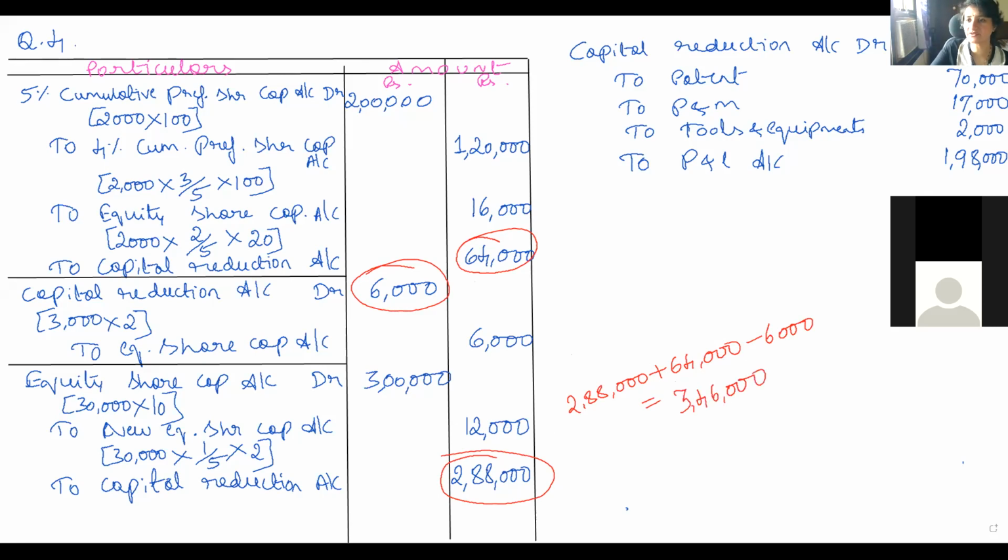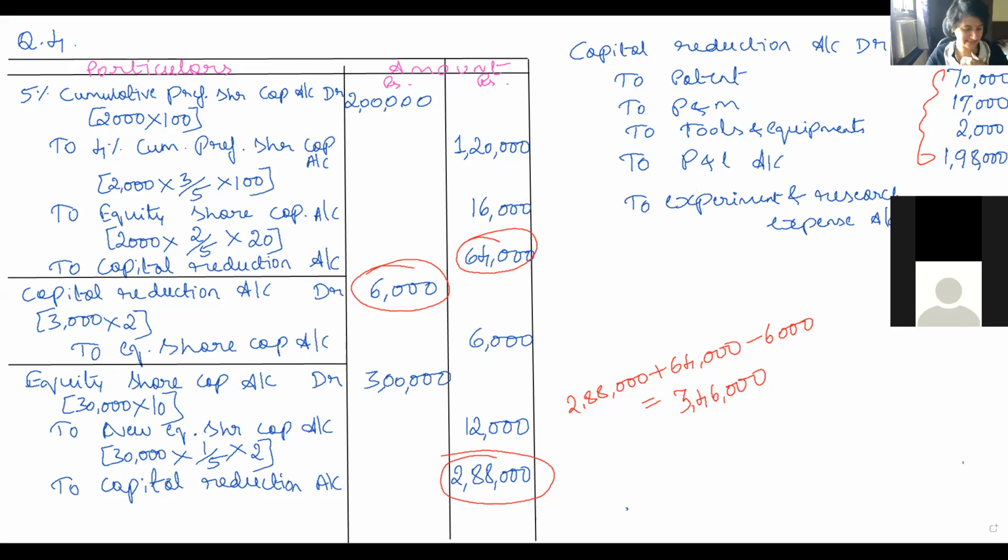So 3,46,000 is total capital reduction account में जो standing है. Now take the total of all these four together and tell me what is the remaining amount which will be transferred to experiment and research expense account. कितना बच गया बोलो?